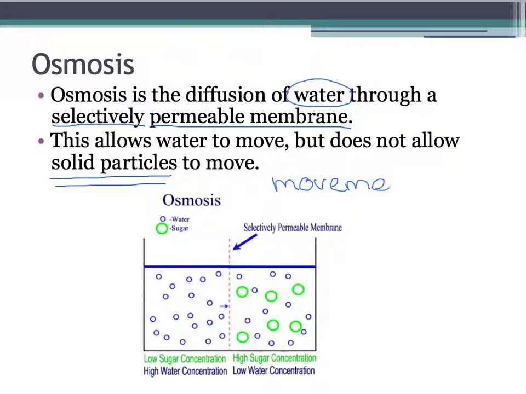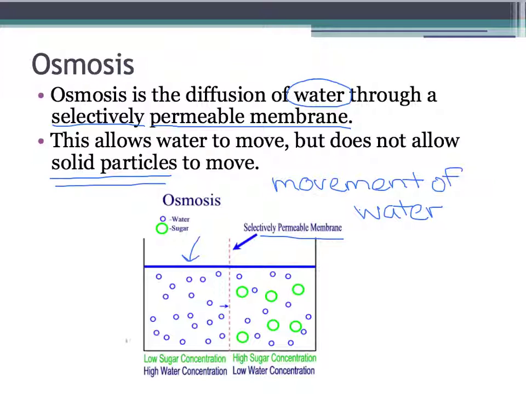If you can think of osmosis in that respect, that's going to help you when we start looking at how the water moves. So in our example down here, we have the selectively permeable membrane, and we have a pure solution with low sugar concentration but high water concentration, and this one has high sugar concentration and low water concentration. So we are going to look at how that movement of water goes.